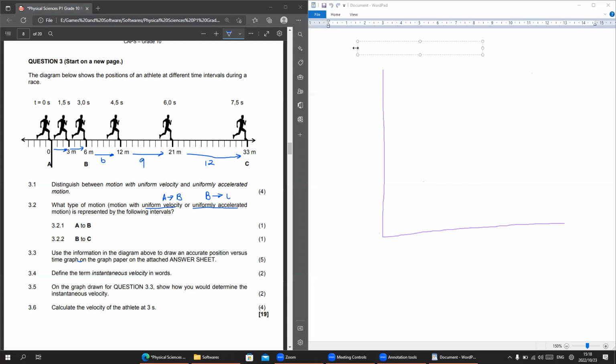Wait, so it's a position versus time graph. Accelerate position versus time graph. Okay. So do you remember how to draw it? I think I told you guys how to draw it last week. Yes, sir. So what's the first thing?